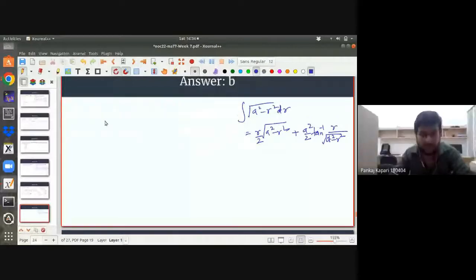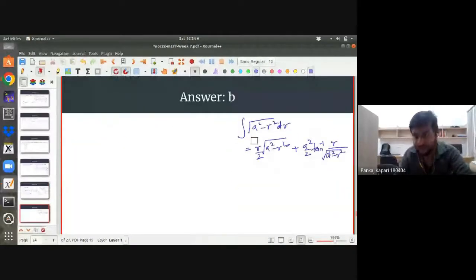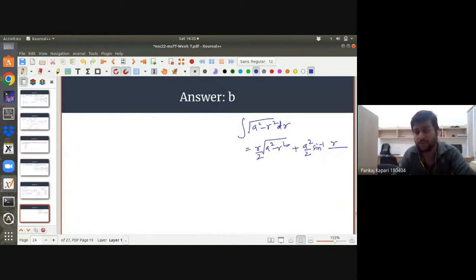Oh, it is not tan inverse. First term is okay. Second term is r by a. It is sufficient. r by root of a square minus r square is not needed. That is for a square plus r square, I think. Okay, r by a.